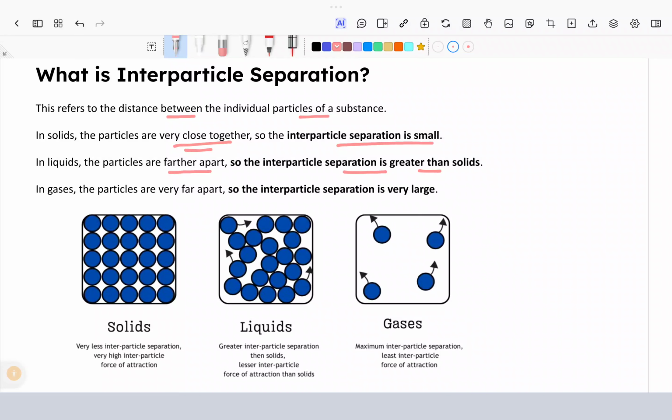Whereas in gases, the particles are very far apart and the interparticle separation is very large. I have given you three diagrams by looking at which you can understand how the particles in solids, liquids and gases are arranged.